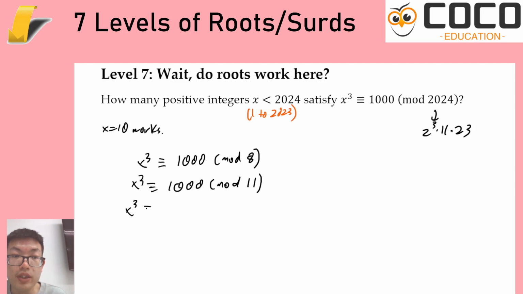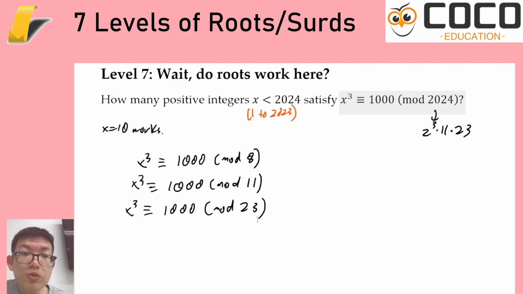And x cubed is congruent to 1000 modulo 23. Do these actually still work the same way as we would expect?